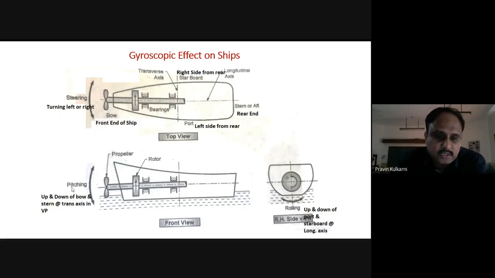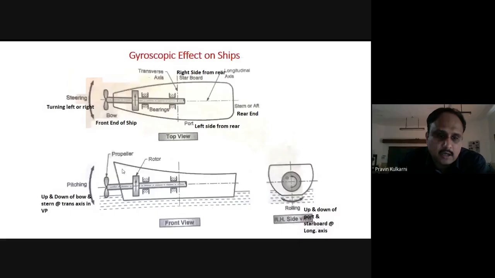So what is pitching? Pitching is up and down motion of bow, which is front, and stern, which is rear. So pitching is up and down of bow and stern about the transverse axis, the transverse axis in vertical plane.